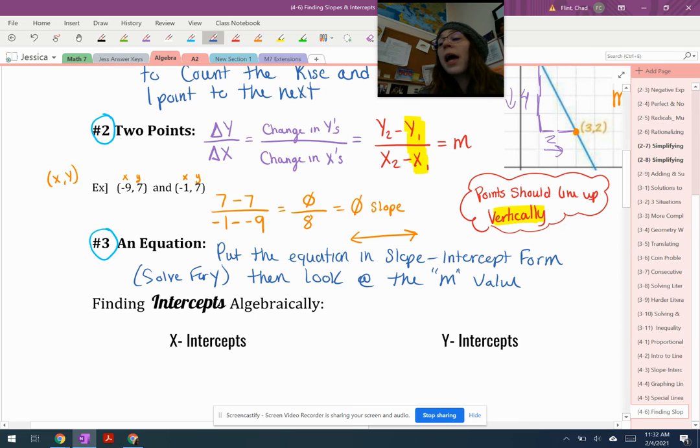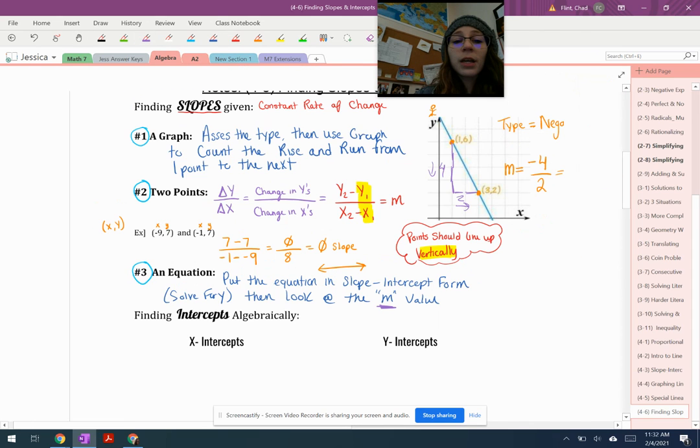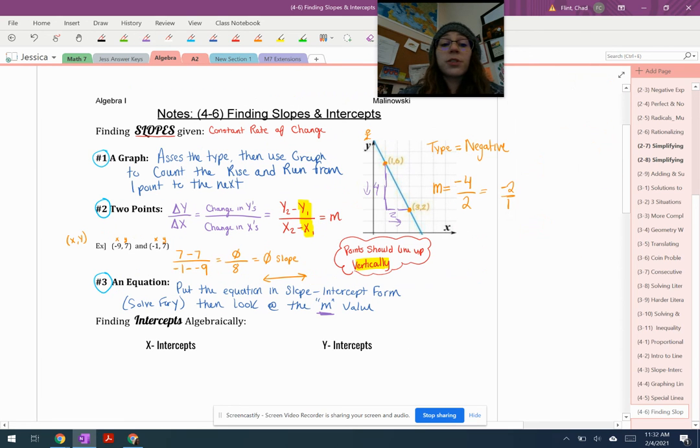That slope is your m value, in y equals mx plus b. So that is how you find slope given those three different situations.